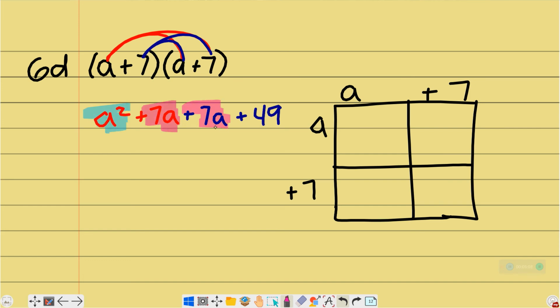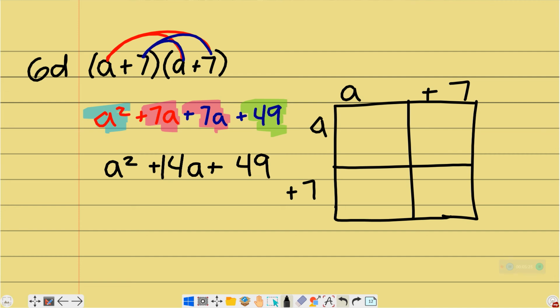This one has an a. And this one has no a's. I can combine the two in the middle, and 7 plus 7 is 14. But I can't combine the other two pieces because they are not like terms. So my final answer is going to say a squared plus 14a plus 49.